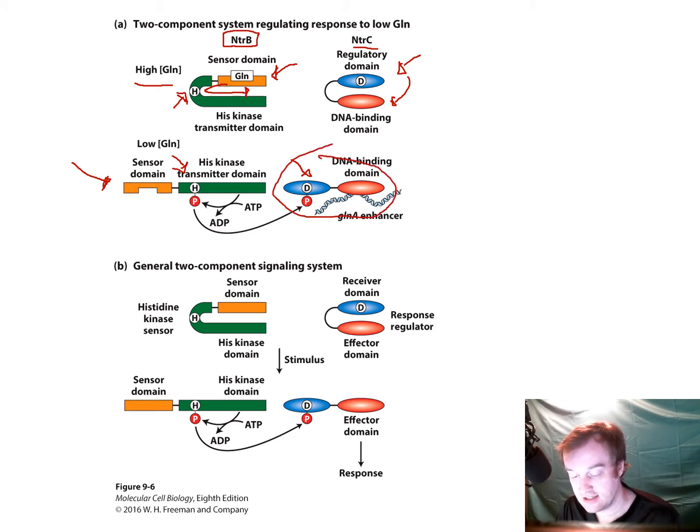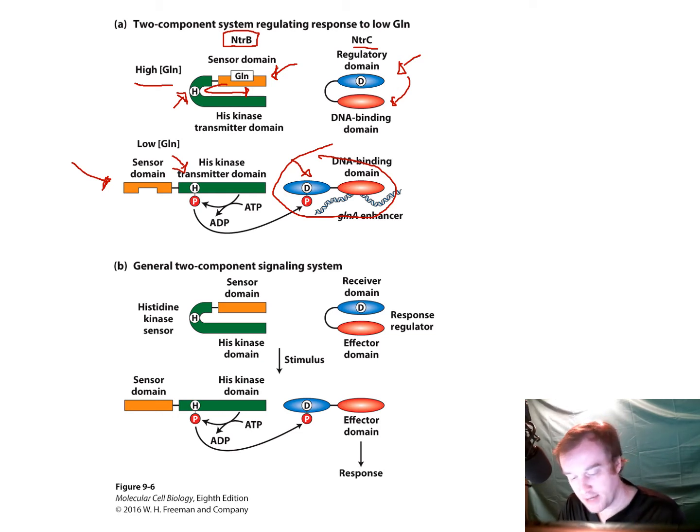So it linearizes it, and when that occurs, that frees up the DNA binding domain to attach to the enhancer site upstream of the promoter and then bring the transcription factors and the DNA, everything, together, right? So enhancers help to bring together all the required components of transcription.